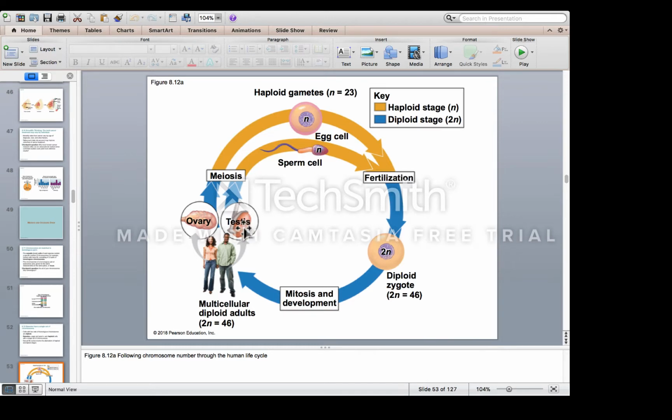This needs to be external to the body because if the sperm were internal, and the descent to the testes didn't happen, and you only had one external testis, then you'd only have to rely on the functioning sperm there. They are external because if they were internal, the sperm would all die because the heat of the temperature of the body would essentially kill the sperm. So that's why the testes are external to the body.